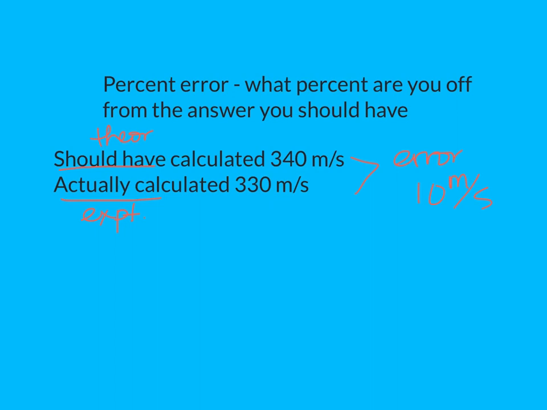So basically what we're trying to find out is what percent of what I should have gotten, of 340 meters per second, is my error, which is 10 meters per second. Okay, so what percent of 340 is 10? That's what you're looking for.